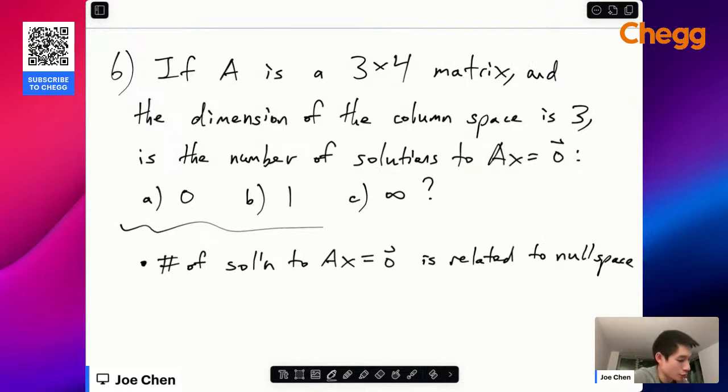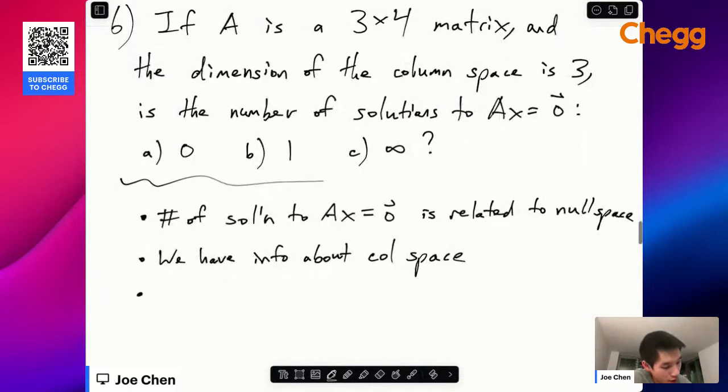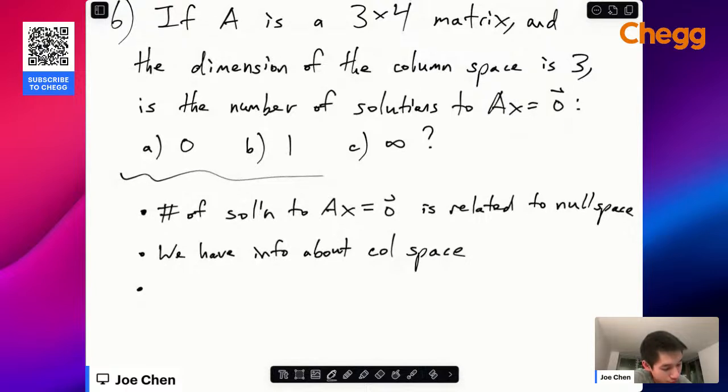On the other hand, we are given information about the dimension of the column space. And so the connection you need to make is this so-called rank-nullity theorem.